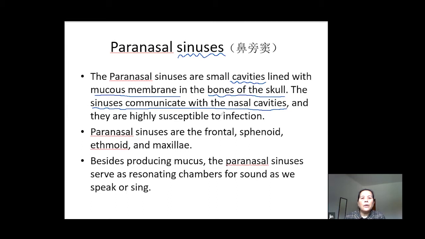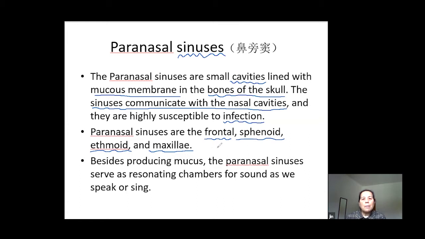So if any inflammation or infection happens in the nose, it can pretty easily go to the sinuses because they truly connect to each other. So we have 4 pairs of sinuses. They are named the same as their location in the bone.